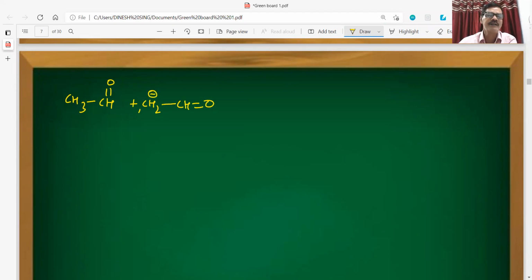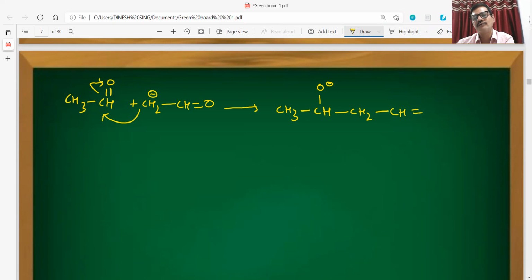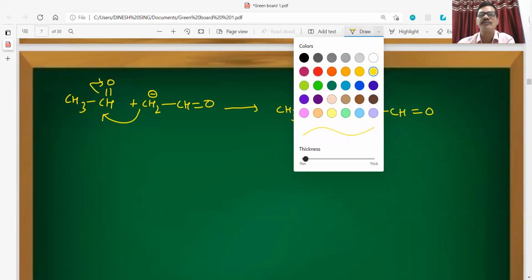This bond undergoes cleavage, so now we get CH3CHO minus and CH2CHO. This is simple nucleophilic addition, the characteristic reaction of aldehydes and ketones.